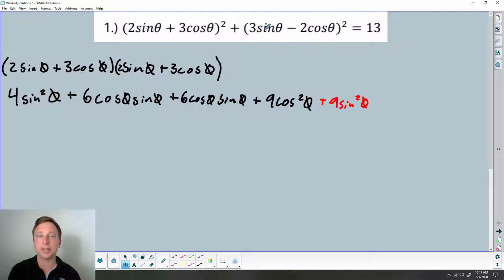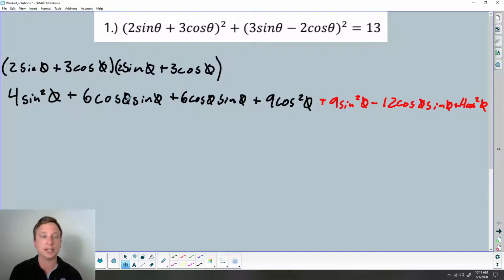And then we have a 3 sine theta times negative 2 cosine theta, and there's 2 of those. So we'll actually have a negative 12 cosine theta sine theta. And finally, the 2 cosine theta times 2 cosine theta, which are both negative, ends up being a positive 4 cosine squared theta. So there we have it all worked out, and now we can simplify this down.